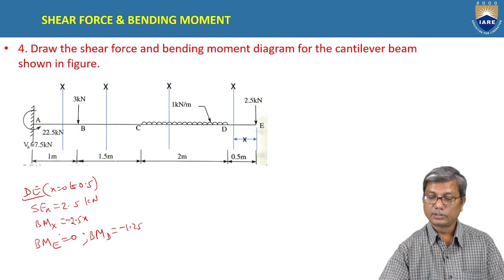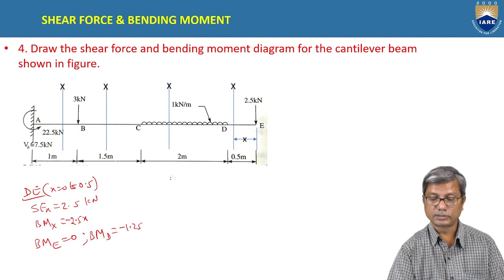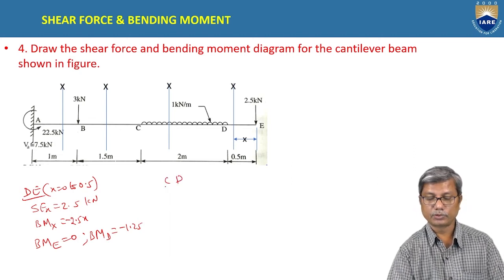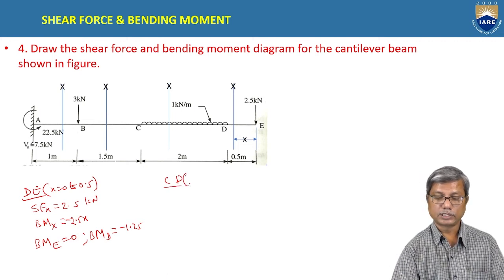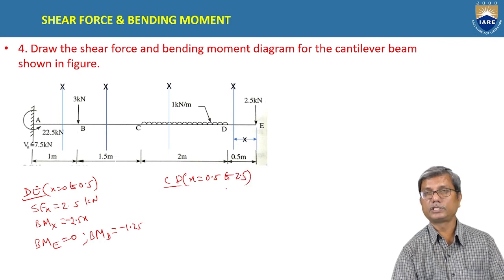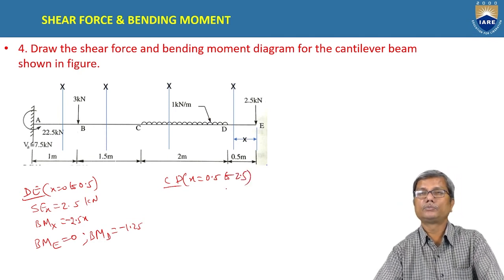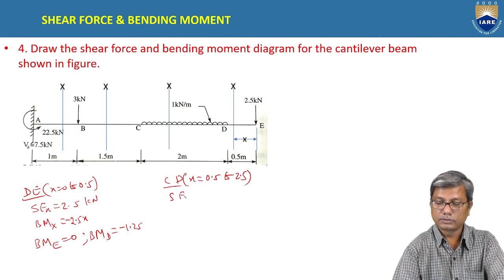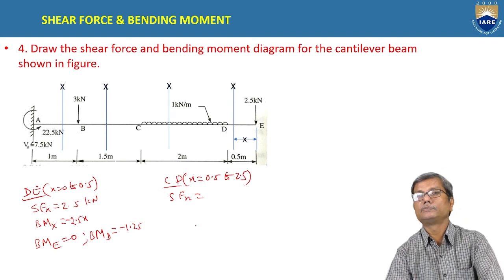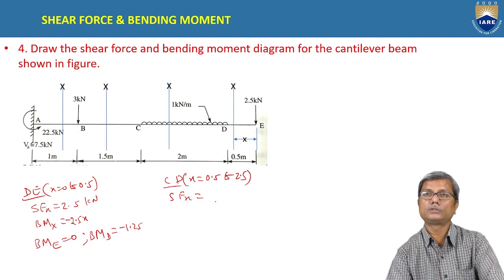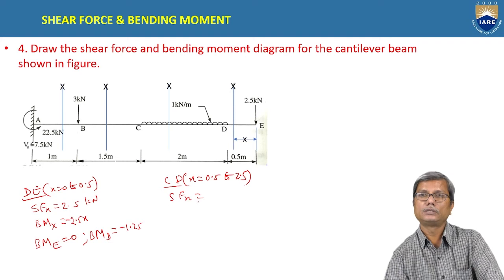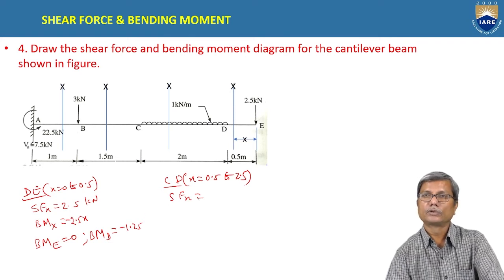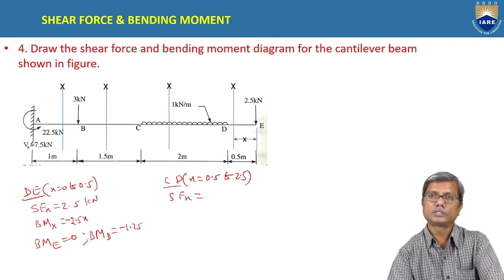Next, in portion CD, X varies from 0.5 to 2.5. The shear force now is dependent on X between CD, because there is a load distributed between C and D. So the load changes from section to section between CD.